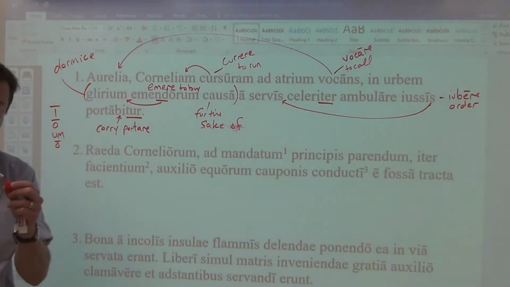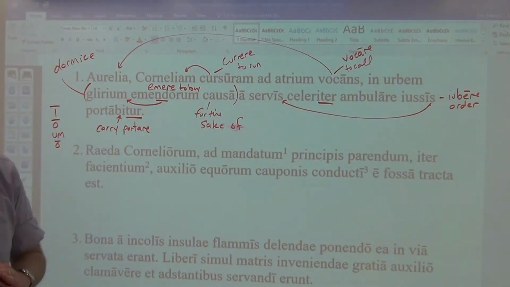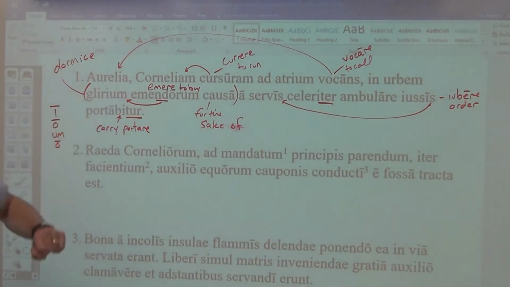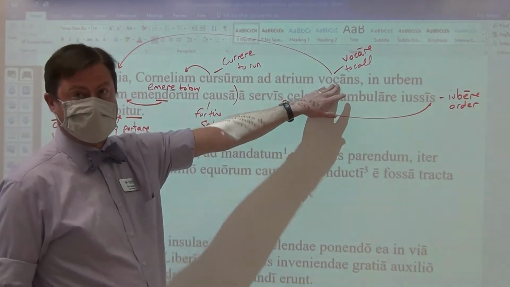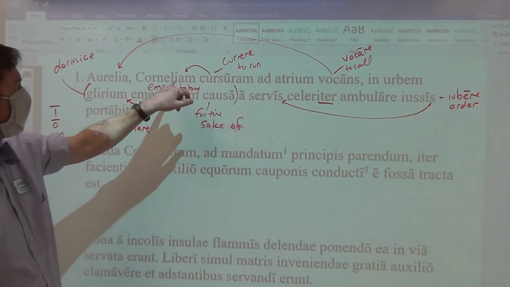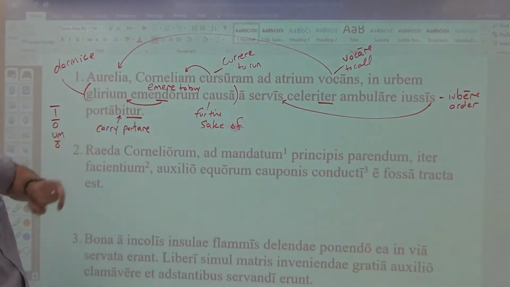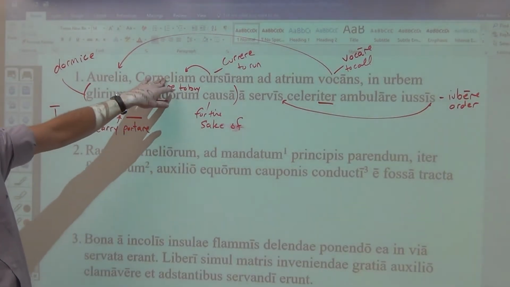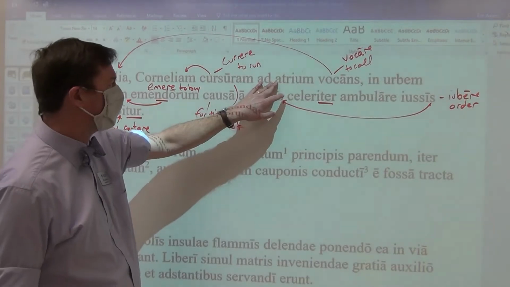Now that you have finished your translation, let's see if you have it correct. Aurelia, the one calling, present active participle. Cornelia, about to run. So it's which Cornelia, the one Aurelia is calling? Calling the Cornelia about to run to the atrium.